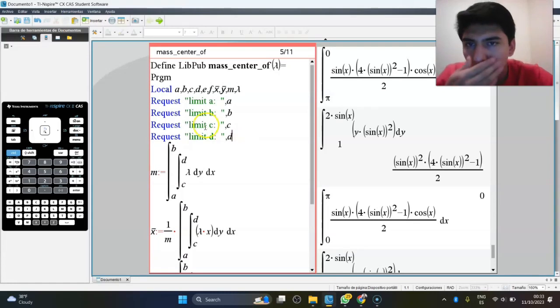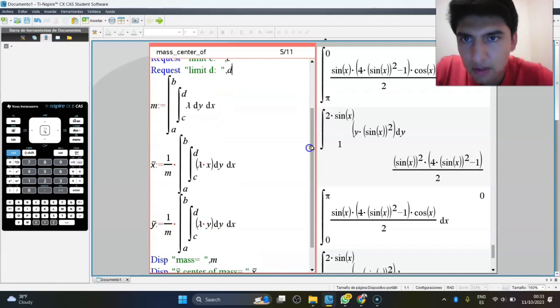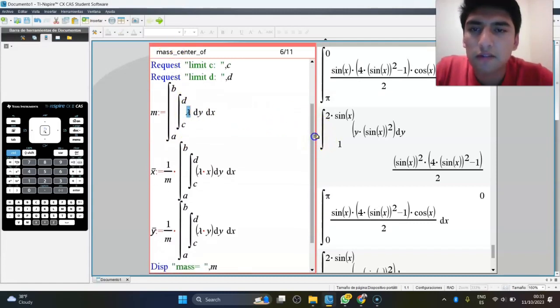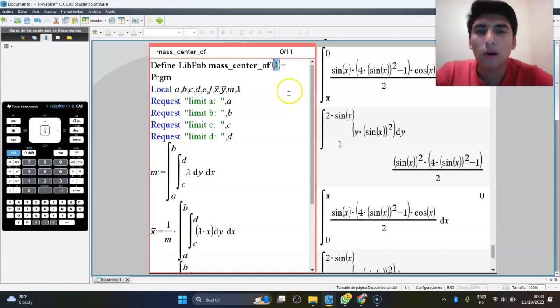We're asking in this problem for the limits that we're going to put in our integral, and then the program sets m equal to the double integral with our limits a, b, c, and d, multiplying the lambda, which is our density function, entered in this prompt in the parentheses.